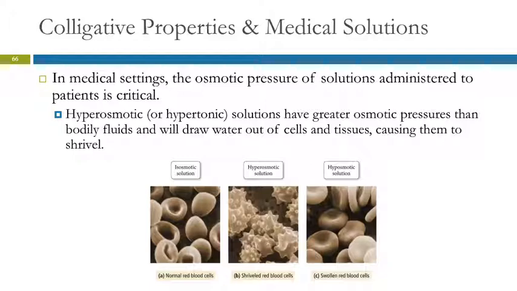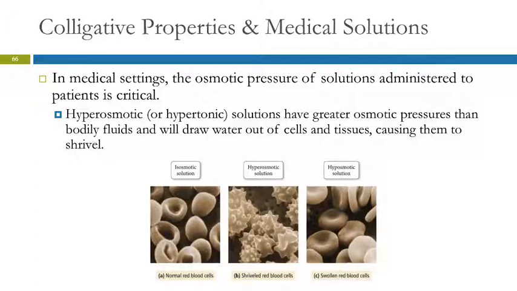Colligative properties are important in medicine. The osmotic pressure of a solution, especially as an intravenous fluid, is really important because you don't want fluids introduced into the bloodstream to cause osmosis within the body, basically.